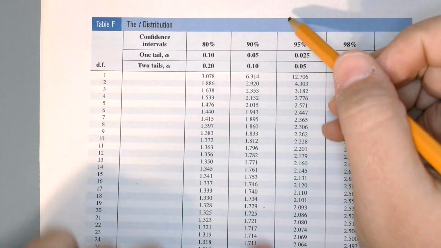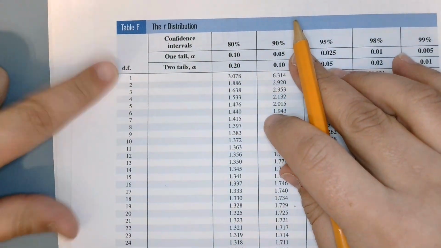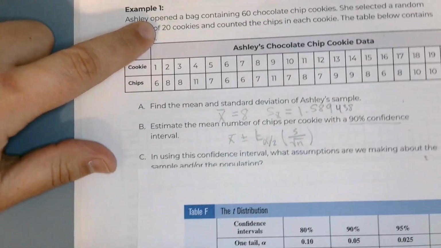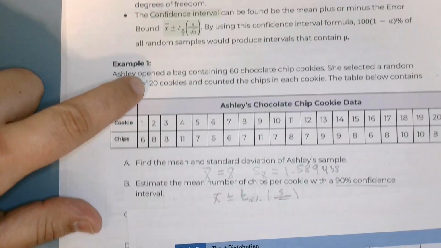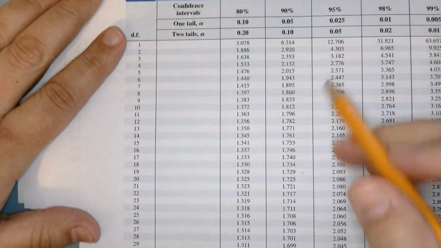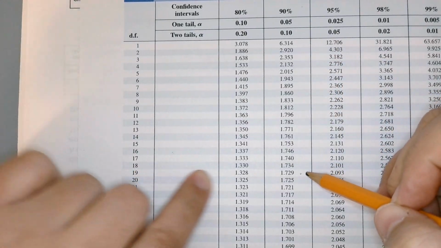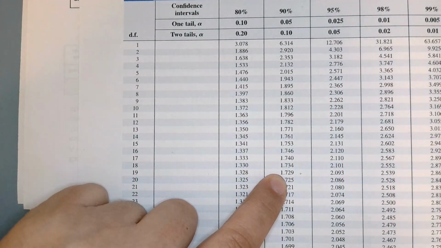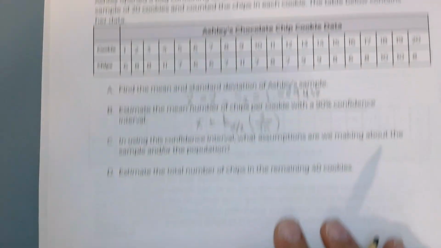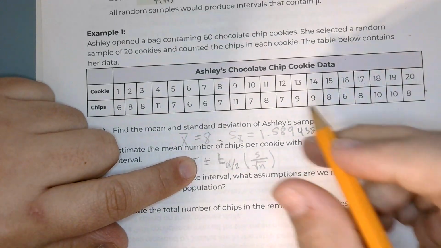So we're going to be looking in this column. And then the degrees of freedom is your sample size minus 1, n minus 1. So we're looking for degrees of freedom of 19. And I found it and marked it already. 90% confident, 1.729. That is our critical value.